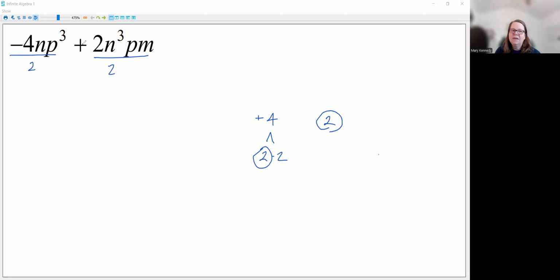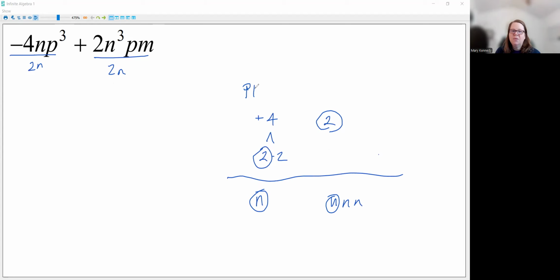But we're also going to look at the variables. So this one has an n, this one has n to the third. So, that's an understood n to the first there. So that means that there's one n in the first term, and the second one has 3 n's. So how many do they have in common? Well, they both have one n. So we can take an n out of both of those. And then now we have 3 p's and then one of them.